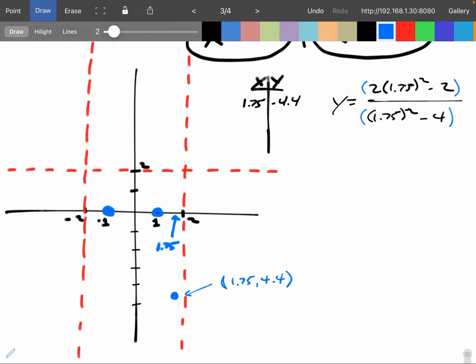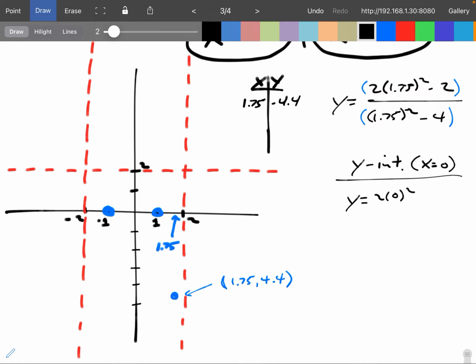Now another nice point to grab on this one would be the y-intercept. The y-intercept, all you got to do is plug in x equals 0, right? Let me write this down. If you want the y-intercept, that's the place where the graph hits the y-axis. That means the x-coordinate is 0. So all you got to do is plug 0 into the original function.